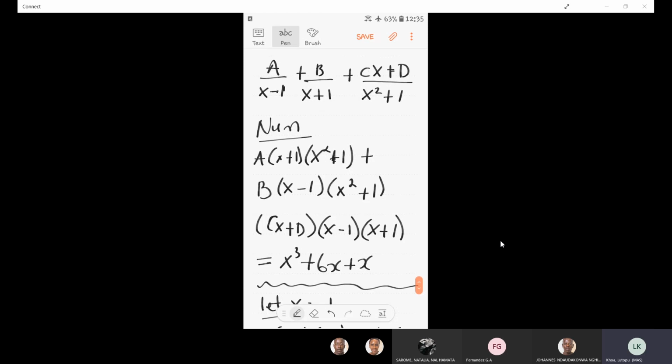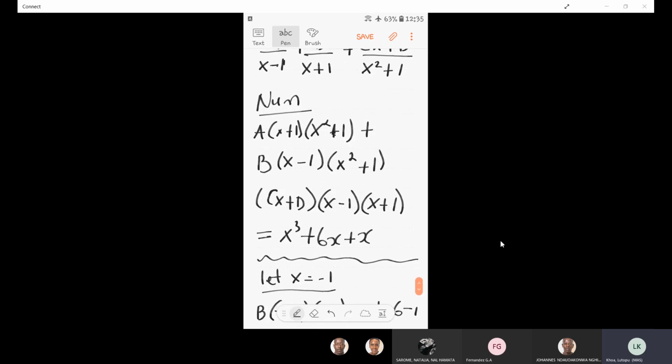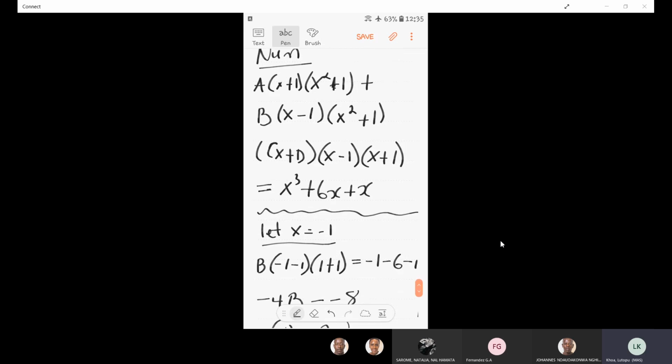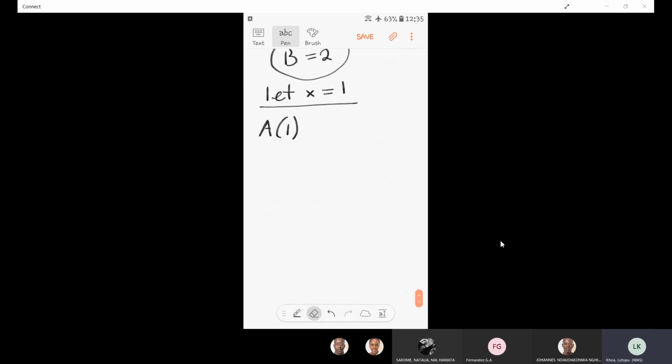We see we're substituting 1, so I have 1 plus 1, that should be a 2. So I have 1 plus 1, and then x squared plus 1, that's 1 squared plus 1, that is also 1 plus 1.